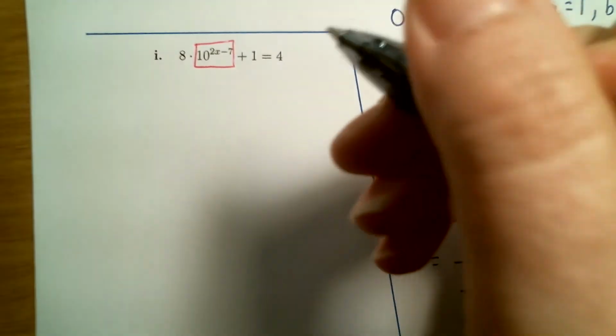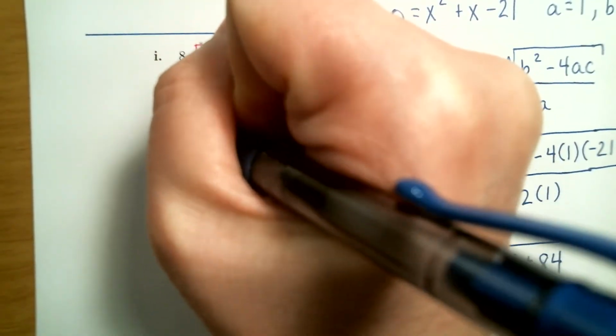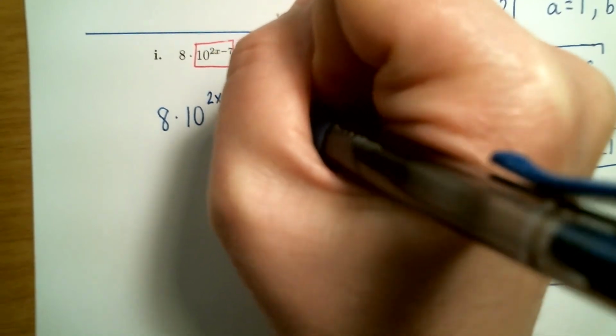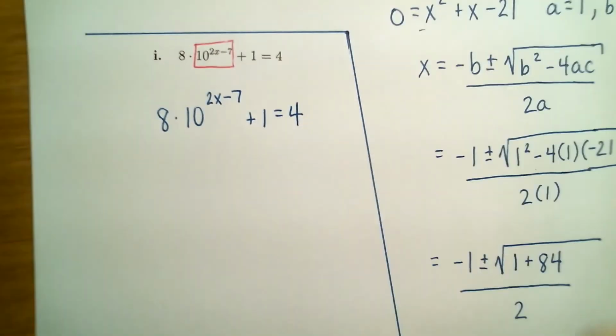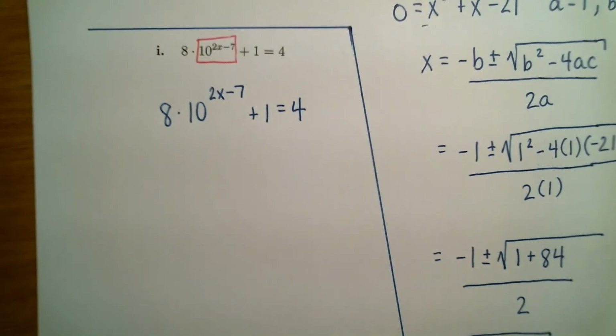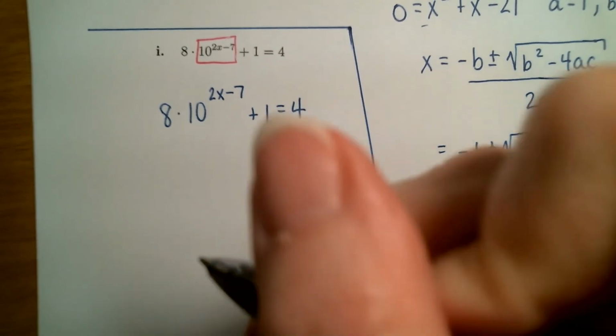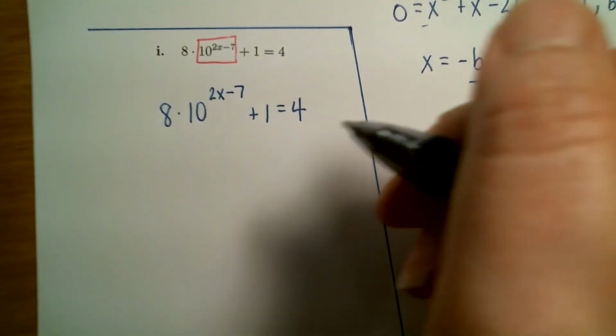All right, so the first thing we're going to do, let me rewrite the problem here. We have 8 times 10 raised to the 2x minus 7 power plus 1 is equal to 4. We want to isolate the 10 raised to the 2x minus 7. To do that, we are going to first subtract 1 from both sides.